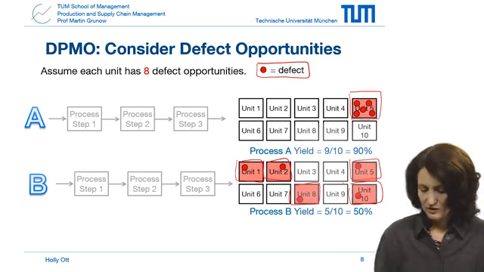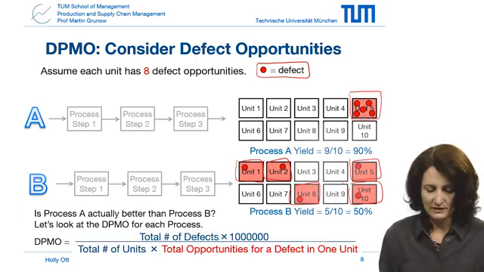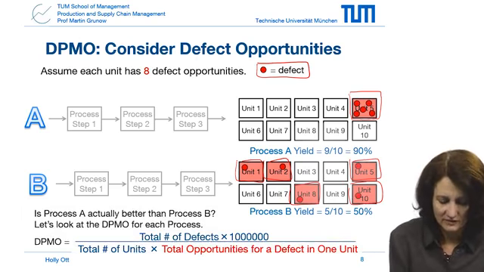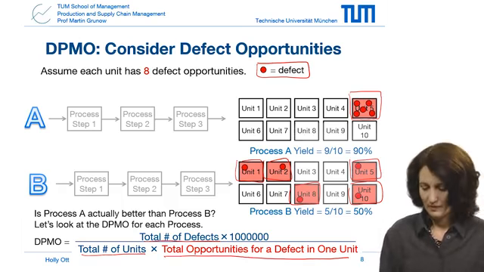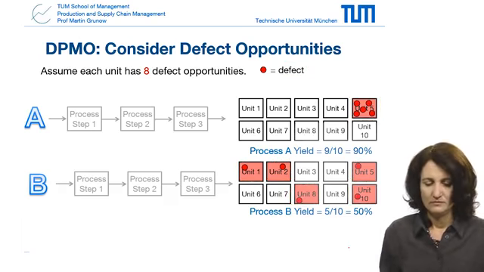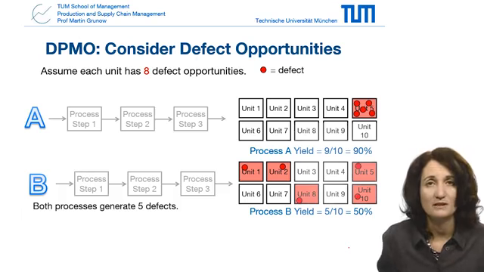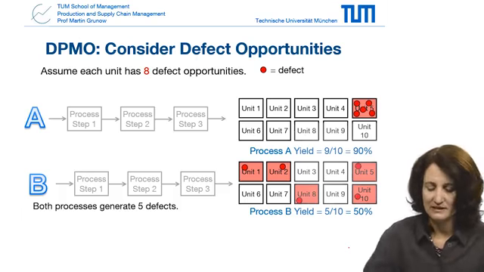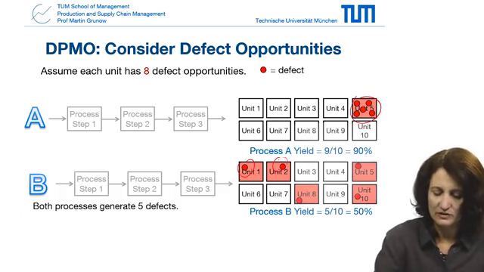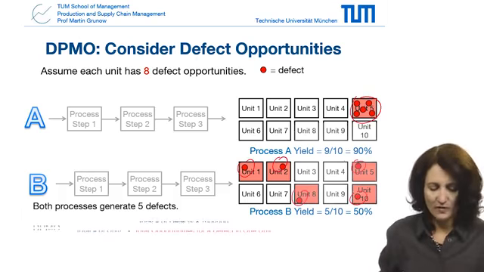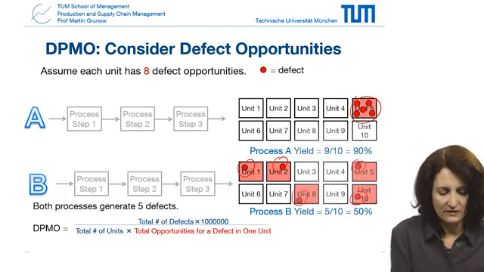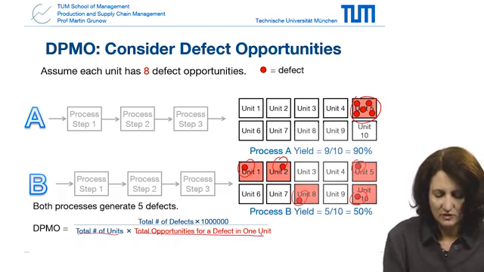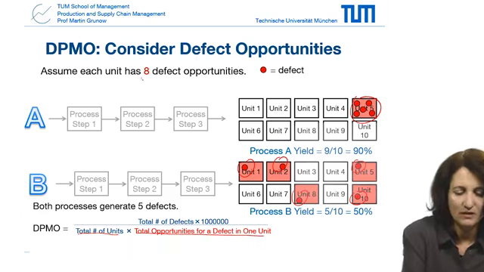So if you look at the DPMO for this, don't forget DPMO is the total number of defects times 1,000,000 divided by the total number of units times the total opportunities for defect in one unit. Both processes are generating 5 defects. Here are 5 defects, and here are 1, 2, 3, 4, 5. So for process A, DPMO, total number of defects is 5 times 1,000,000 divided by the total number of units times the total number of opportunities for defect in a unit, and we said that was 8.